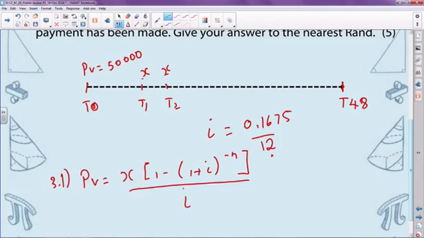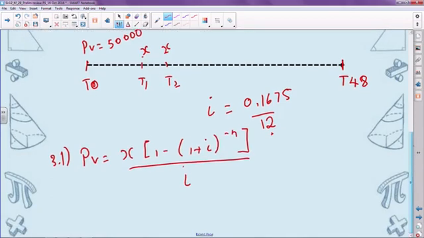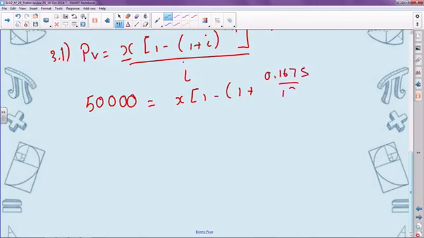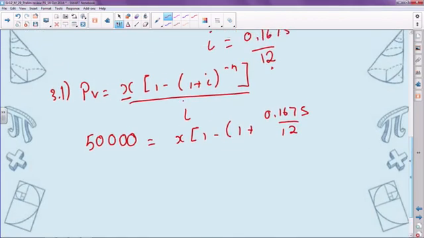Now we're going to start substituting values in and rearranging the equation to solve for X, which is your payment. Your present value is 50,000 Rand. That's the value of the loan. Times 1 minus 1 plus I, and in place of I, I'm going to have 0.1675 divided by 12, and that's for 48 periods.